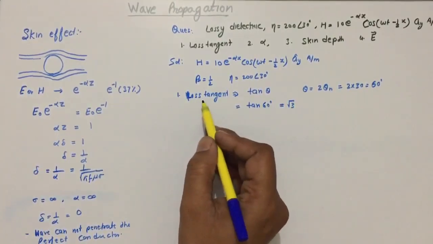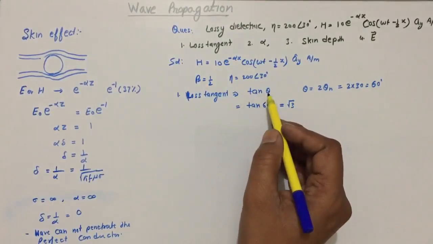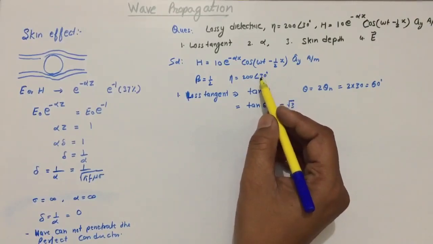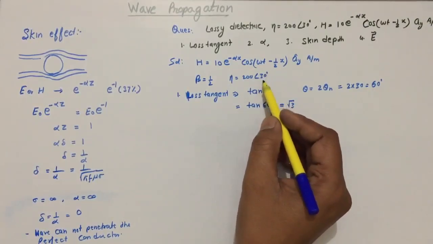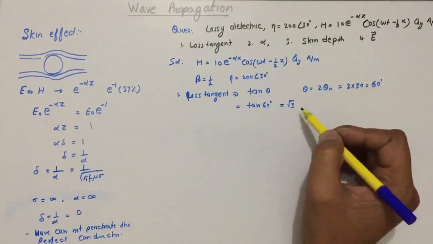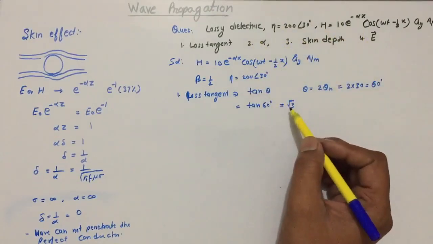So loss tangent has the simple formula tan theta, where theta is just 2 times the angle theta n, that is 60 degrees for this condition, and tan 60 is equal to root 3.